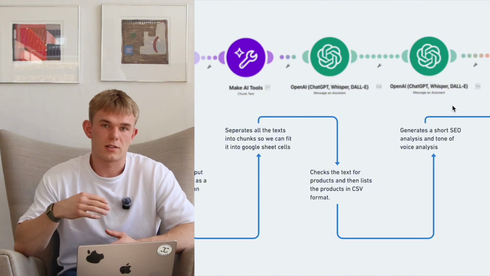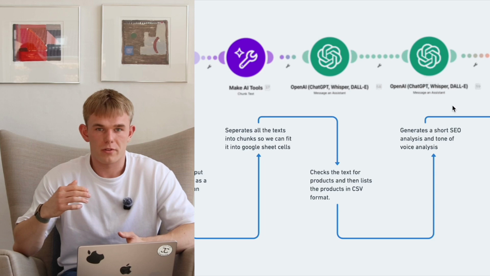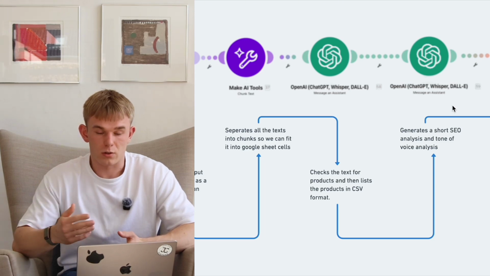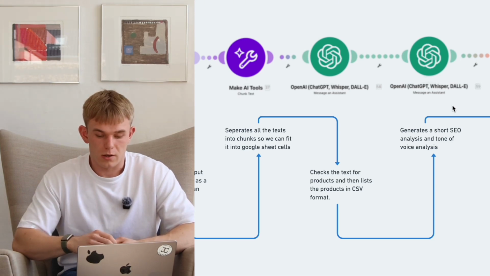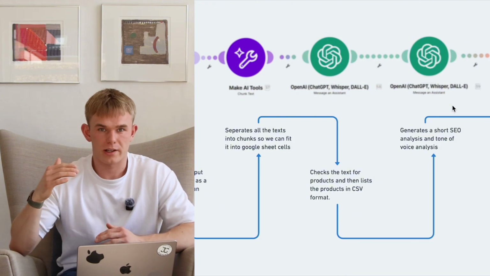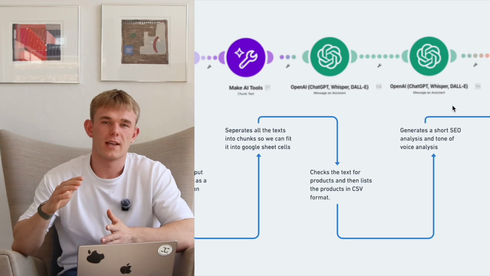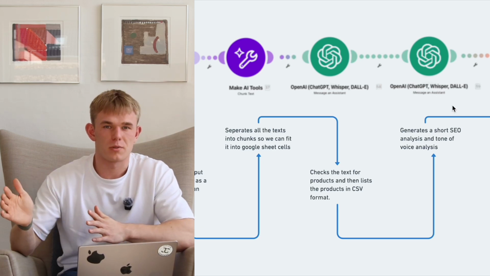We want the assistant to generate a short analysis of both the tone of voice and SEO, explaining why this text made the website rank higher on Google. Then we put this output into their own columns in Google Sheets.